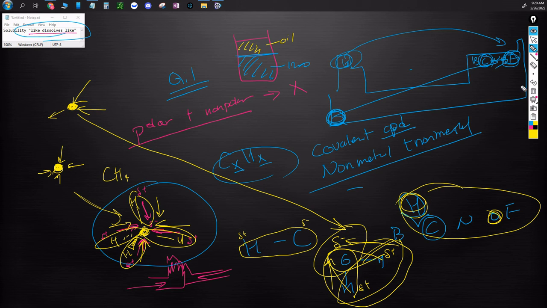Another thing you have to consider is alcohols. So ethanol, which is CCOH, C2H6O, I believe.